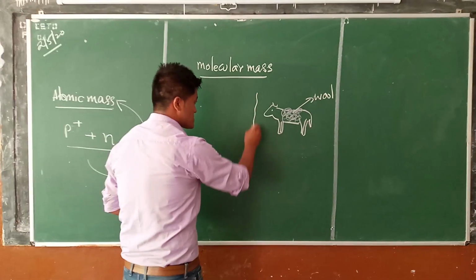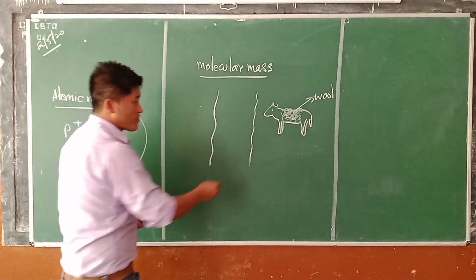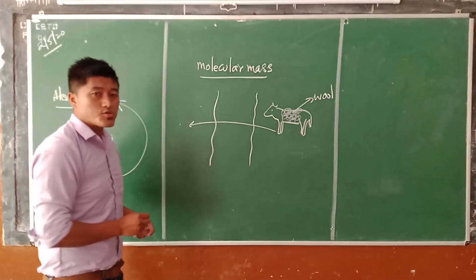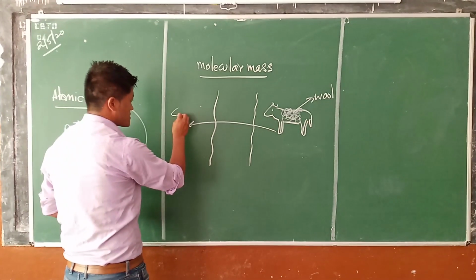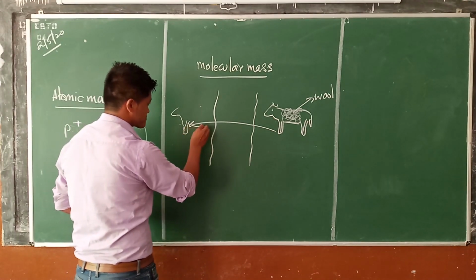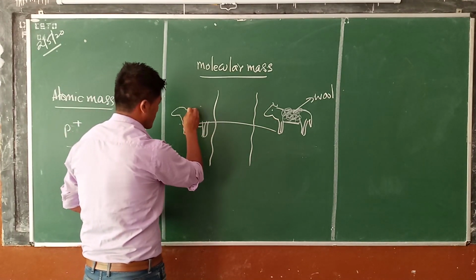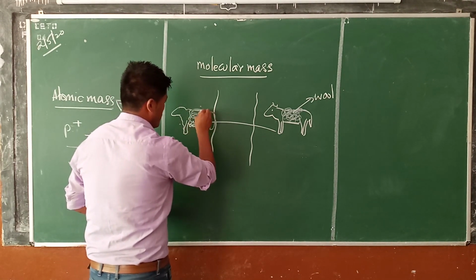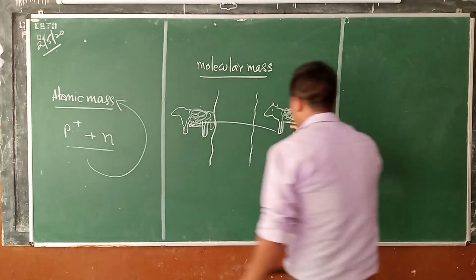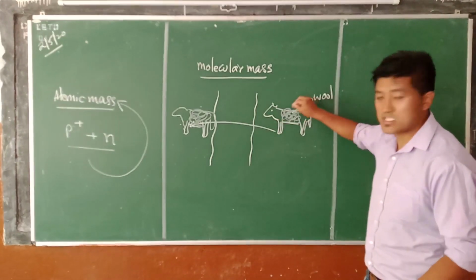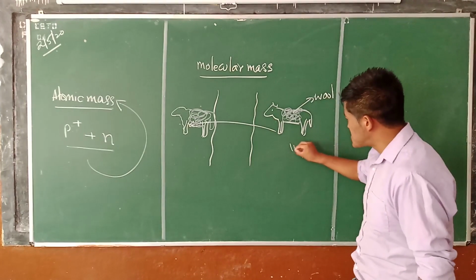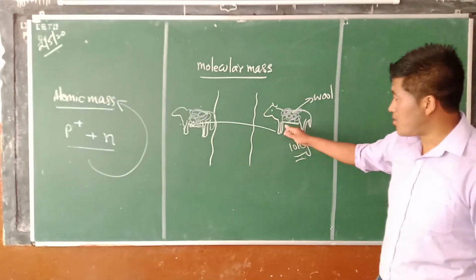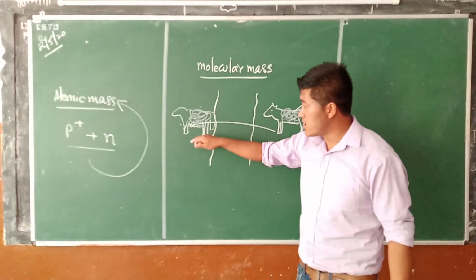Now, when he was crossing the water from this side to that side, let's say the total mass of this donkey on this side is 10 kg. Do you really think that the moment this donkey crosses the river, it is still 10 kg?